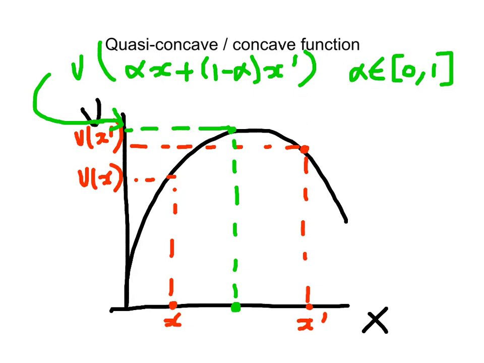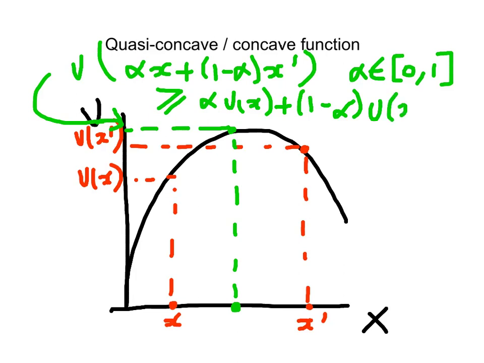Now the property of a concave function is that the utility of the linear combination, alpha x plus 1 minus alpha x prime, is greater than or equal to the linear combination of the utilities of x and x prime, which is alpha u of x plus 1 minus alpha u of x prime.